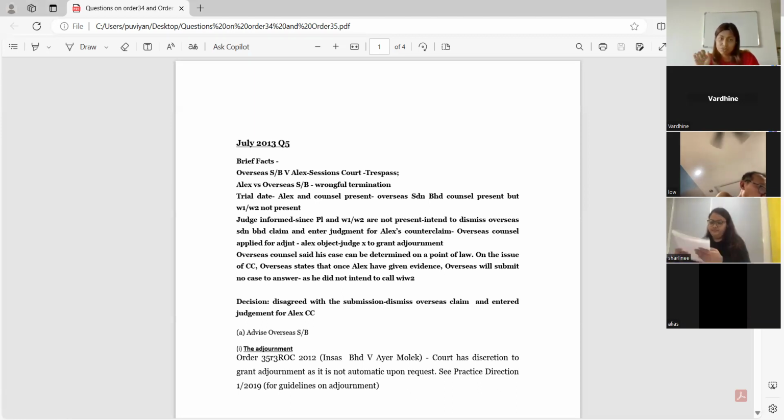Can the judge do so? If can, which provision under the rules of court allows the judge to dismiss Overseas Sendirian Berhad's claim due to non-attendance of the witness? Please put in the chat box, or anyone who wants to give an answer can also.